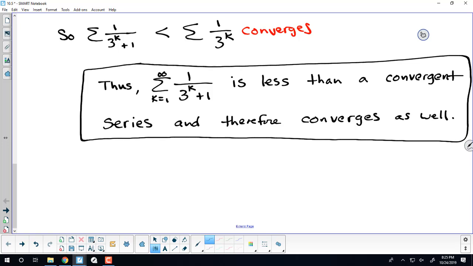Sometimes the test is not conclusive. The other downside to this test is that you have to compare two things.